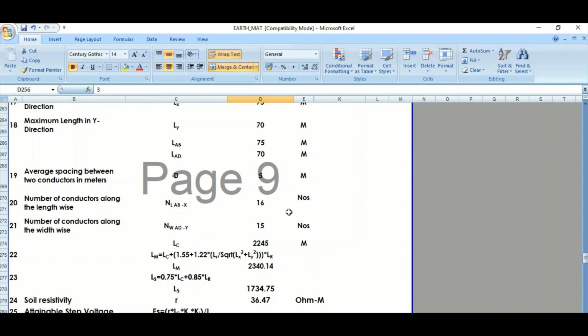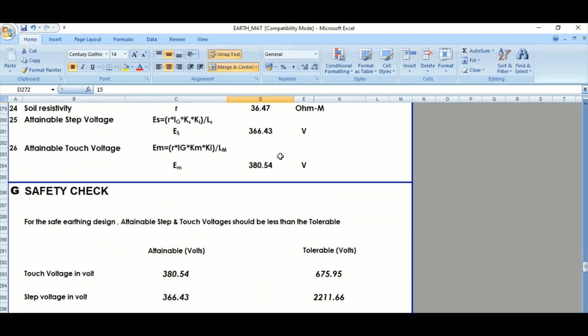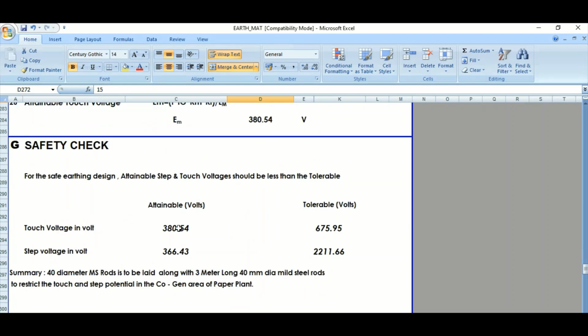Also considering the 5 meter grid span, that means a 5 meter by 5 meter mesh, with 16 conductors along the length and 15 along the y-axis. Considering all these parameters, we have attained this much touch potential and step potential, which is well below the tolerable touch and step potential.